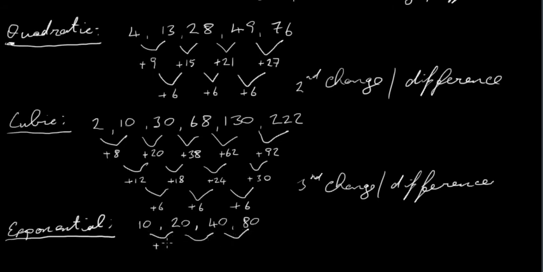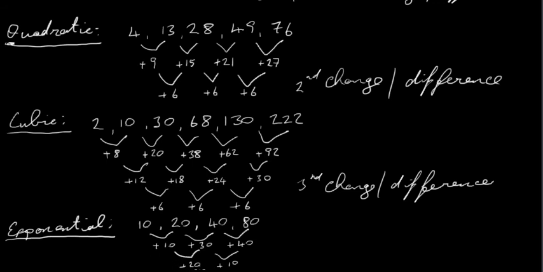That's going to be plus 10, plus 20, plus 40. If we do it again, we get plus 10 and plus 20. So our first and second changes are not the same, and in fact if we do it again and again, we're not going to end up with the same change at all.